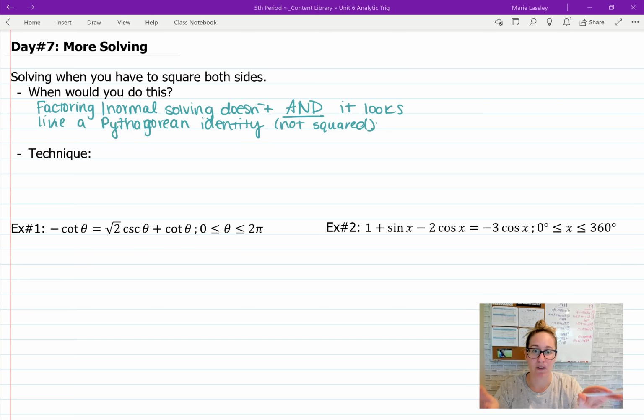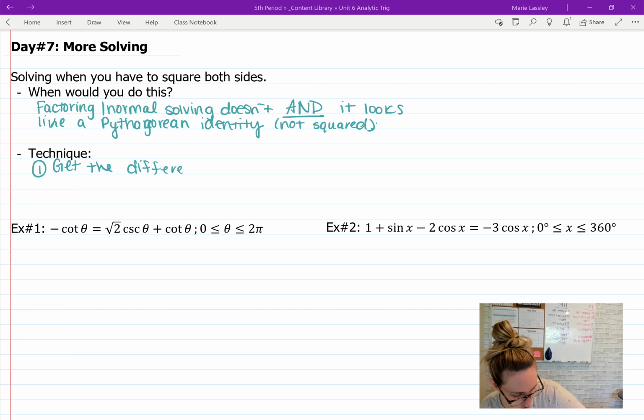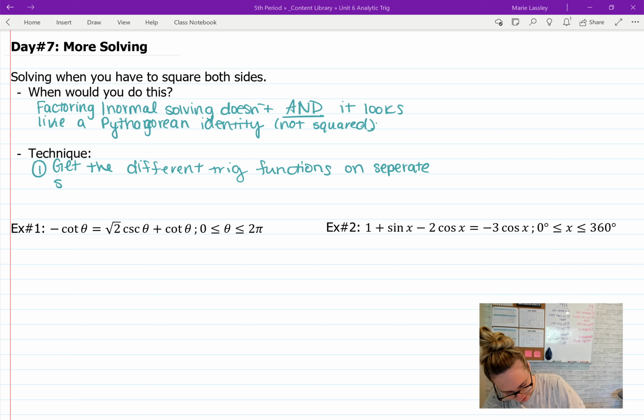All right, so this is what we're going to do. For the technique itself, the first step is to get the different trig functions on separate sides of the equation. Wow, my handwriting is looking terrible today.